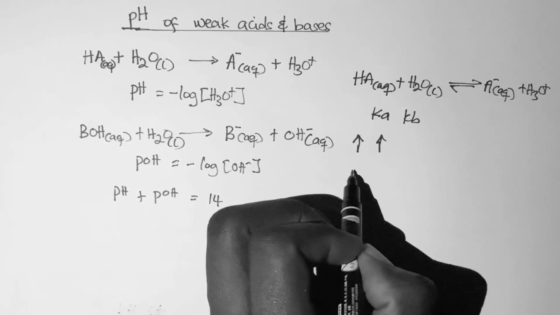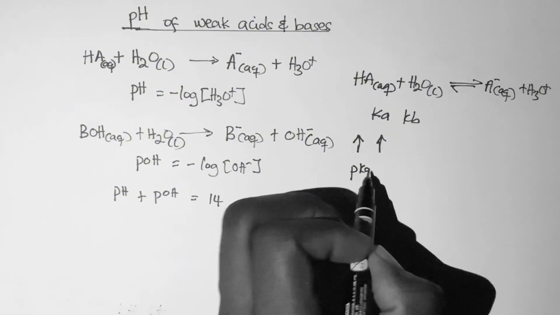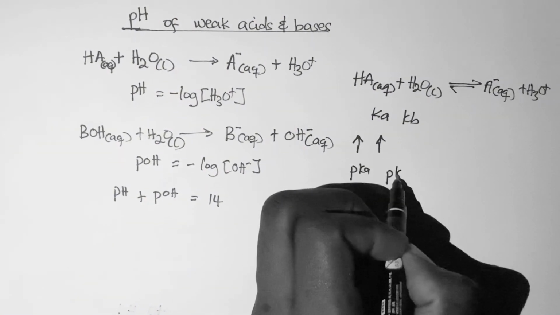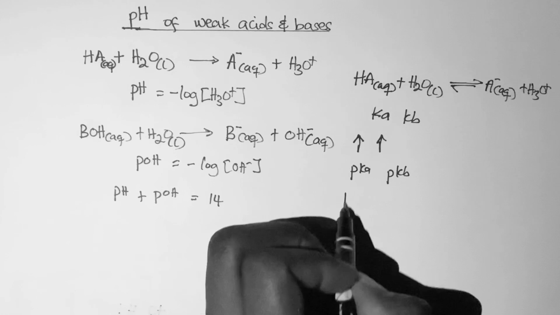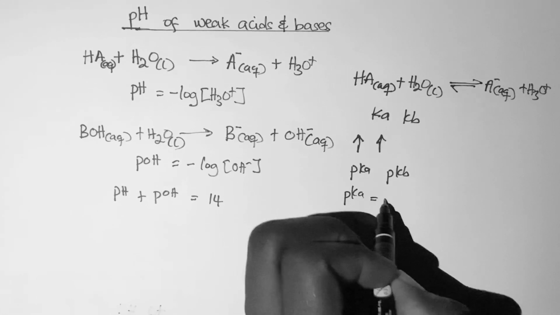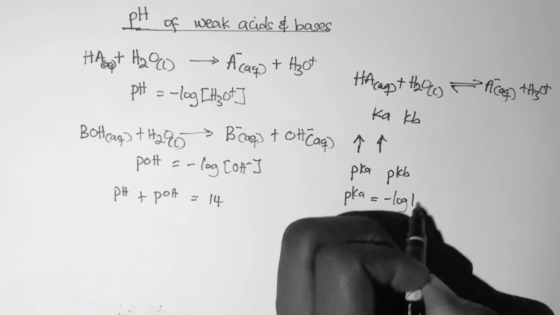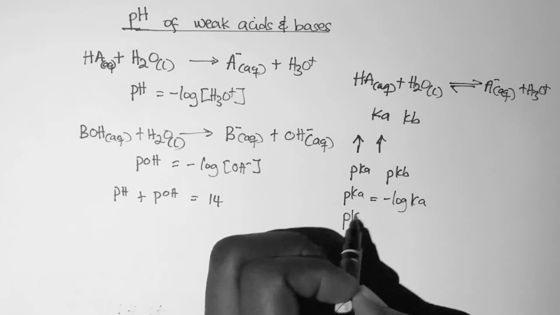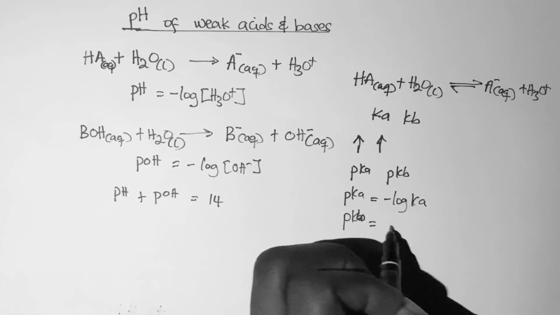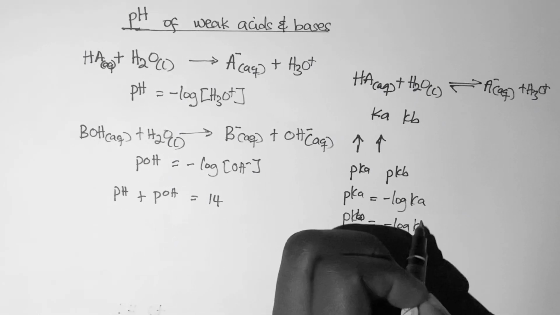On the contrary, we also have the pKa and the pKb, where pKa is equal to minus log of Ka, and pKb is equal to minus log of Kb.